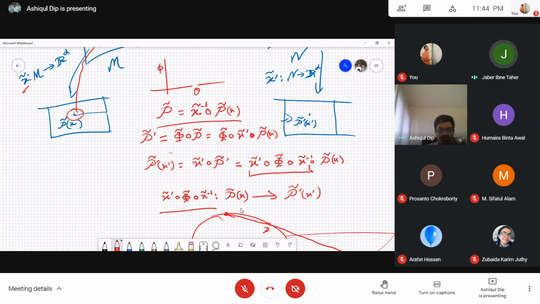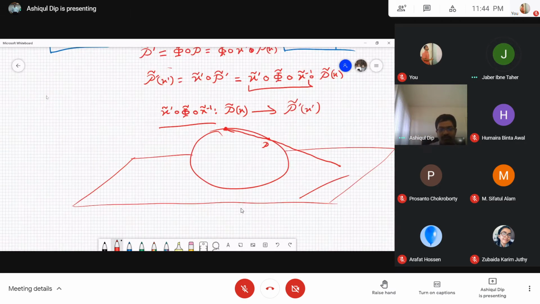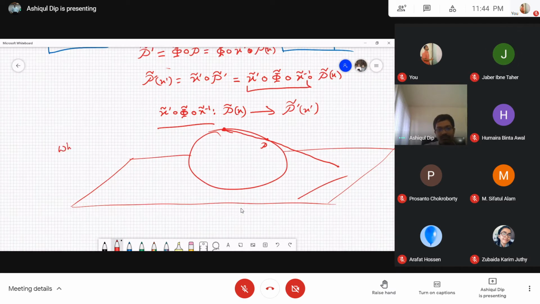So when phi tilde equals the identity map, then this thing becomes just x tilde prime composed with x tilde inverse, which actually gives the relation between them.